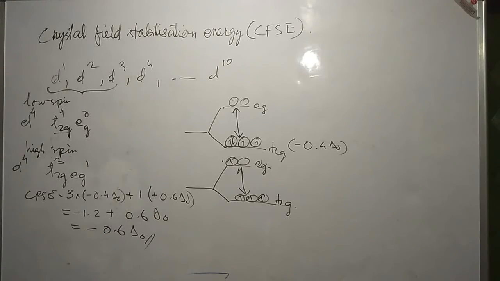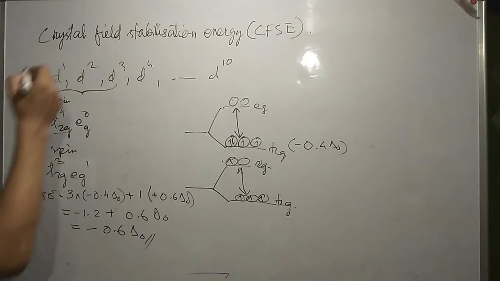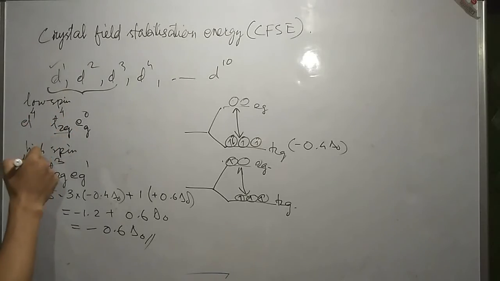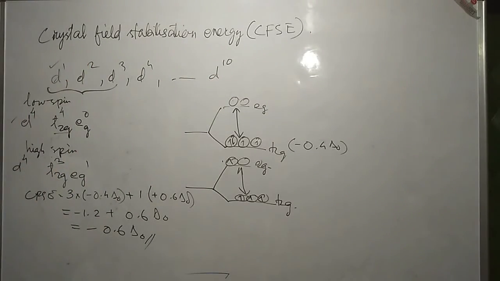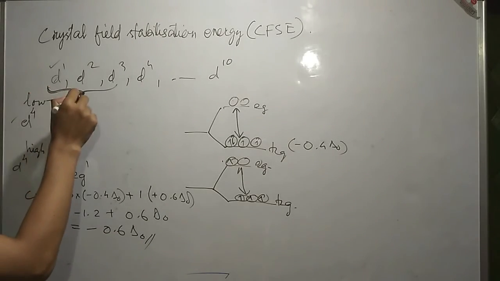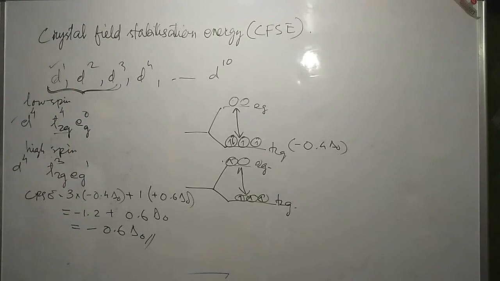Now I want you to try by yourself for the remaining d configurations. Leaving aside d1 and d4, you try for the remaining configurations, for both low spin as well as high spin. As I have said, for d1, d2 and d3 it does not matter whether it is low spin or high spin, it will have the same energy for both types.